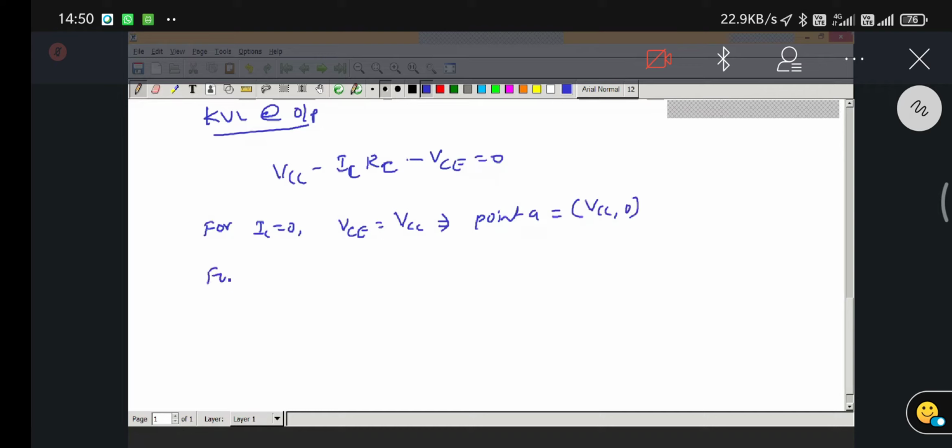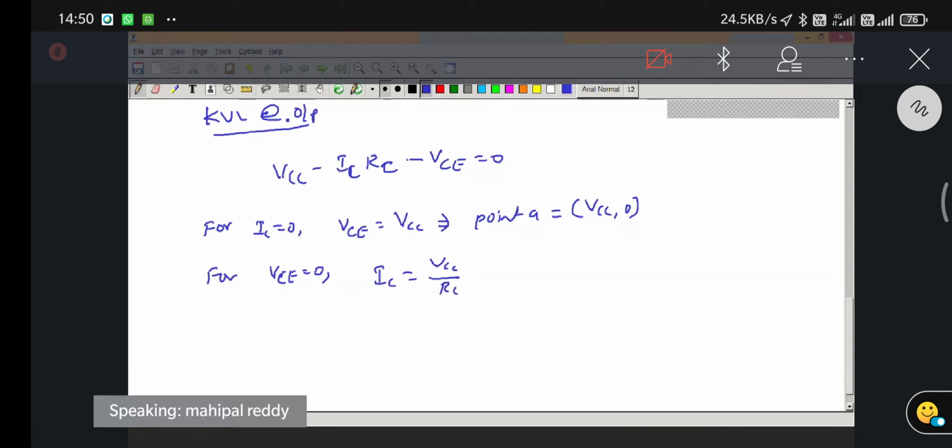Similarly, if I keep VCE equal to 0, then we get the IC value as VCC by RC. You can observe here, to make VCE 0, we get VCC minus ICRC equal to 0. So IC will be VCC by RC, or we can take RC as the load resistor.